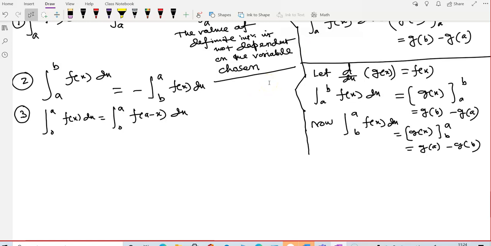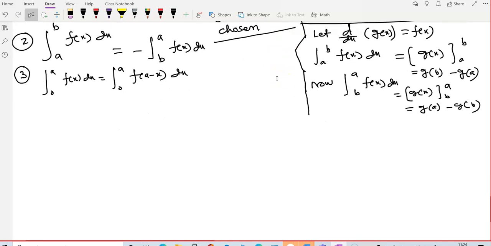This is the most important property. Probably, I'm saying probably because then you can decide yourself whether this is most important or not. I'll show you many applications based on it. Integral 0 to a of f(x) dx equal to integral 0 to a of f(a minus x) dx.